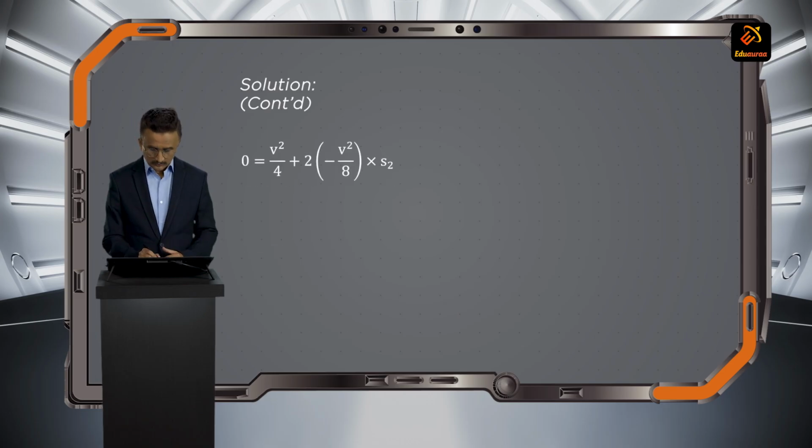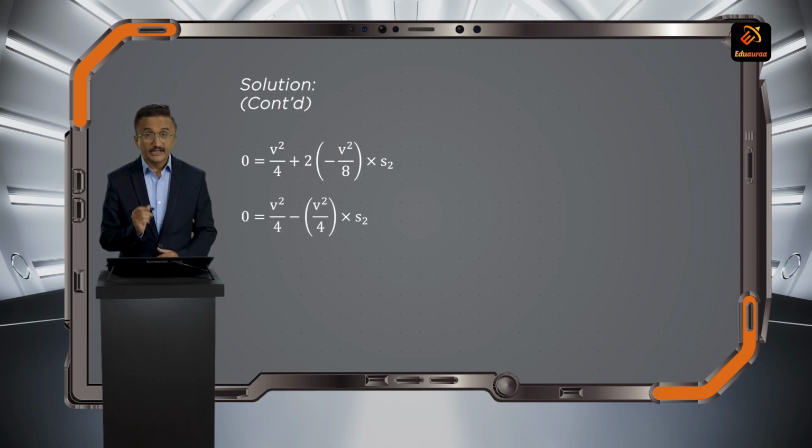So v by 2 the whole square is v square by 4 plus 2 into a, and a is minus v square by 8, into S2. So now I can find out S2. So it is 0 is equal to v square by 4 minus v square by 4 into S2.